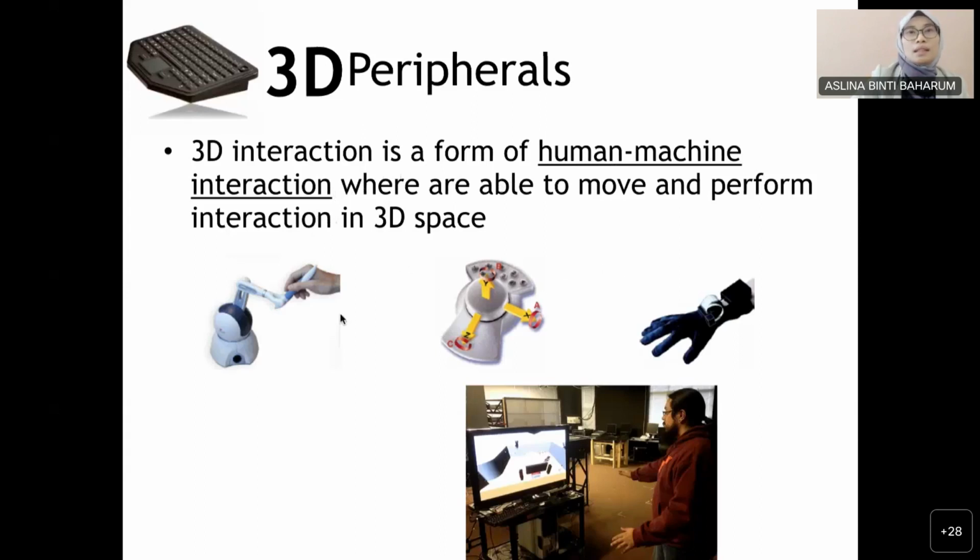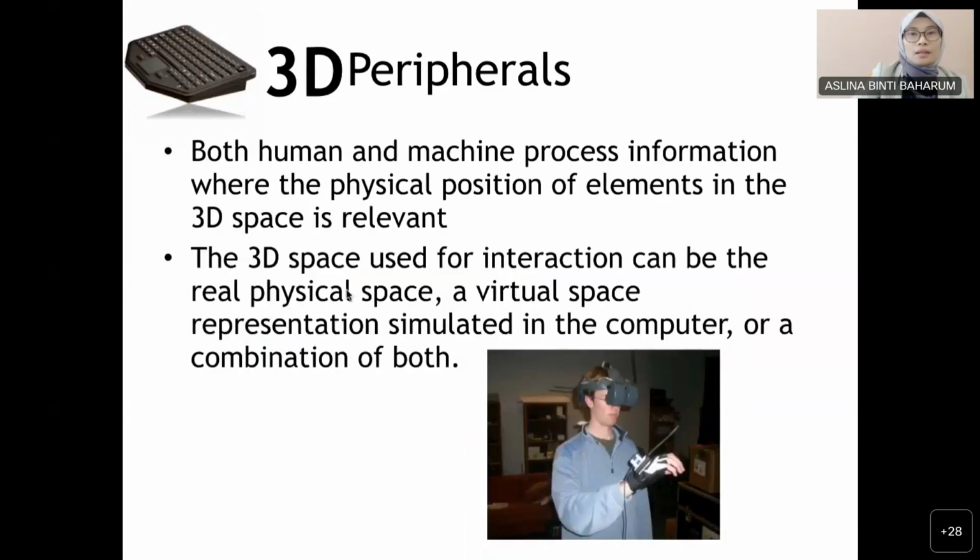You can see the dimensions, front, back, up, down, kan? And sometimes you can interact with it, you can move it. Nowadays we have AR, VR where you can move the object. Both human and machine process information by the physical. This is one of the examples using the 3D peripheral.